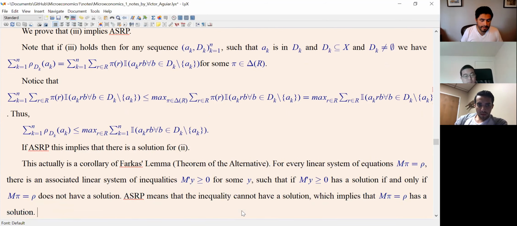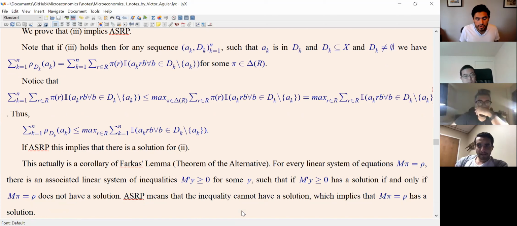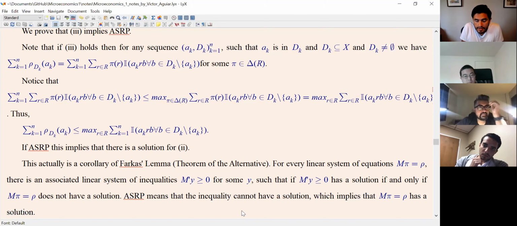So verifying this is tedious, and I'm going to send you a link with what Border did. He has a long proof of one page trying to show why the ASRP shows that this alternate problem of inequalities doesn't have a solution, right? And therefore, this means that the original problem, the system of equalities, the M times pi equal to rho, has a solution, okay? So basically, this is an application of Farkas lemma.